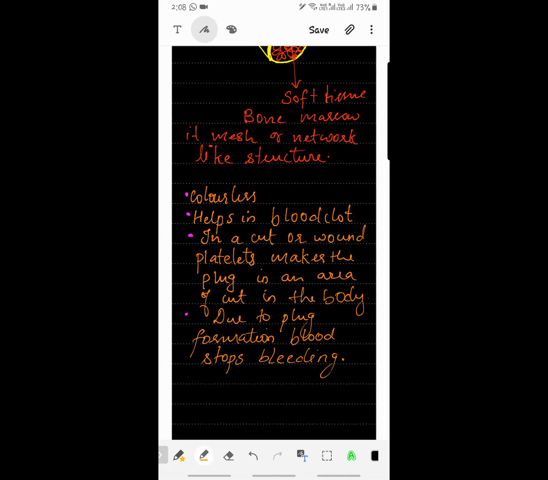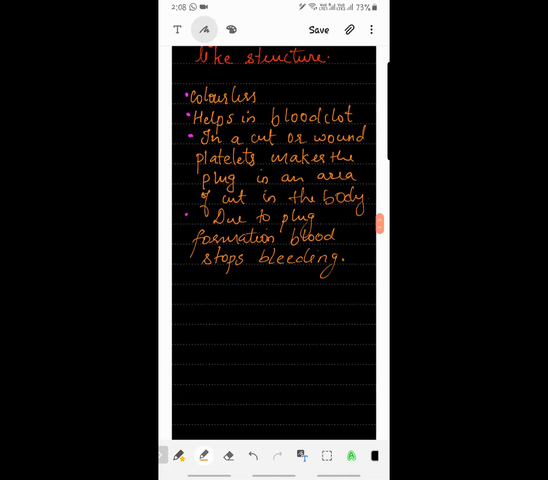So this is how the dark red spot will be formed.